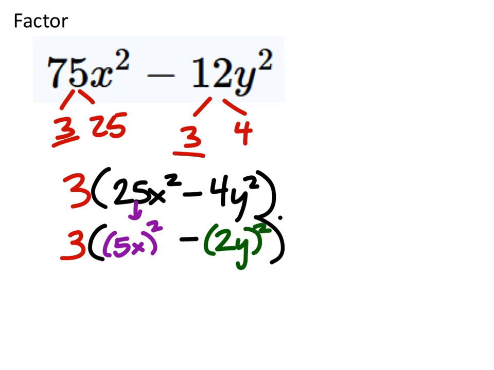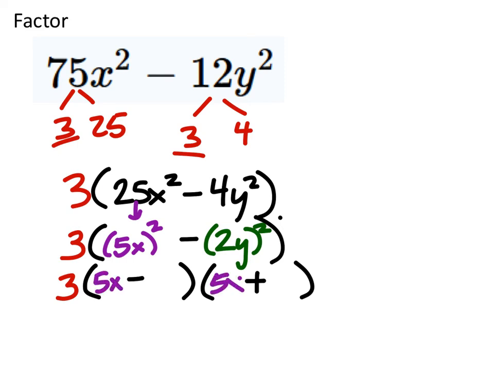So that gives us this form, a squared minus b squared, which allows us then to split this up into subtraction and addition of a and b. A is 5x, b is 2y, done.